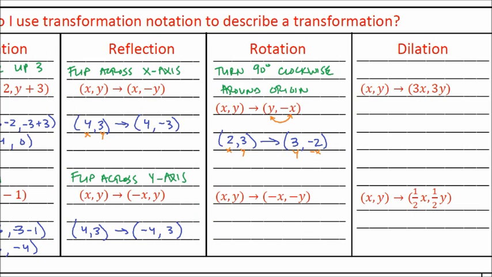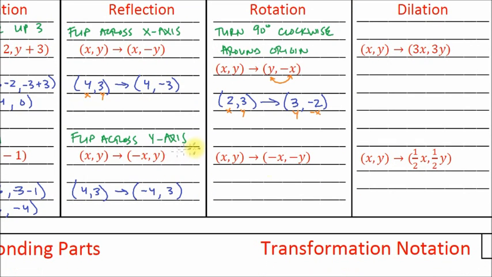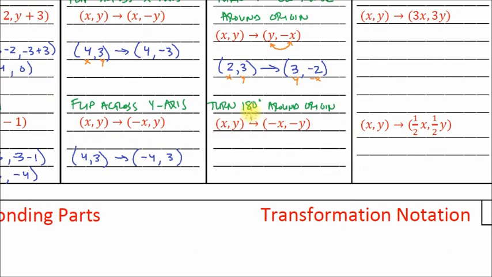We'll do one more example just to show the possibilities of rotation. How about if we turn 180 degrees? So now we're not doing just a 90-degree rotation, we're going halfway around the coordinate grid. So turn 180 degrees around the origin. Again, the only rotations we'll be doing in this unit will be around the origin. Here's the transformation notation that describes that.